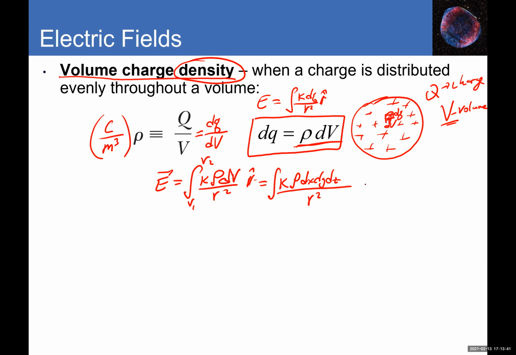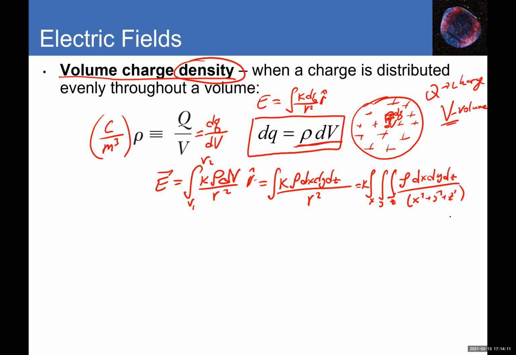Then you can see this becomes basically a triple integral: integral of x, integral of y, integral of z. The constant k can come out, and rho is also constant, so you have dx dy dz, and r squared can be x squared plus y squared plus z squared. I'm just giving you an idea of what it can be.